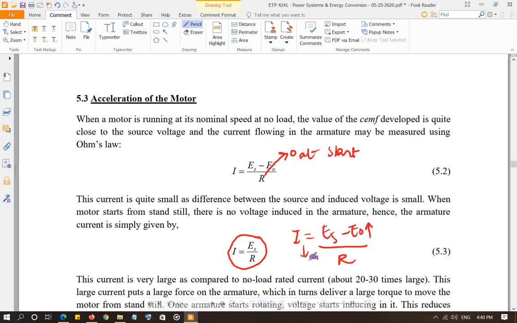The only difference between ES and E naught is a little bit of current, and that little bit of current is required to produce a small Lorentz force that will just keep it cruising at a constant velocity.